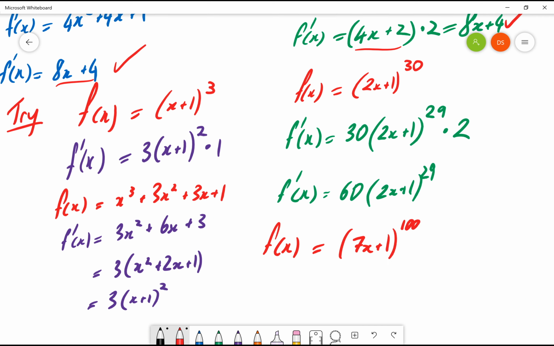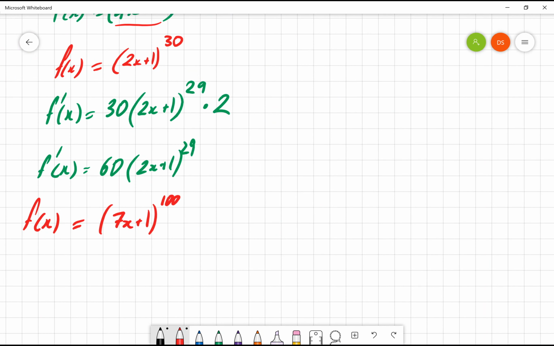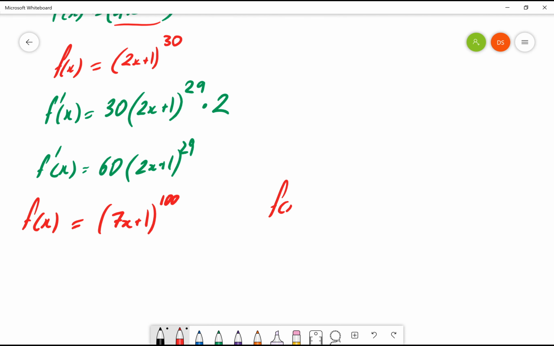Let's go. Are we going to do 100 brackets? What about this one? 6x minus 4 to the power of 200. Can you do these?